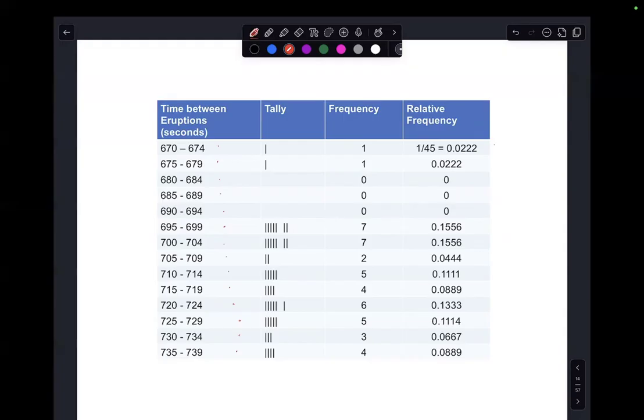You've got to think about what you're showing and what you really need for your purposes. Since we're not actually doing anything with this data, I'm not applying it to anything. I'm just looking at, hey, how often do we have eruptions of Old Faithful? 10 seconds, I think, is adequate, especially since we're looking at 670 seconds as our lowest. 5 seconds here and there is not going to make that big of a difference.